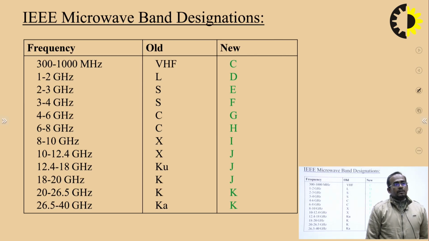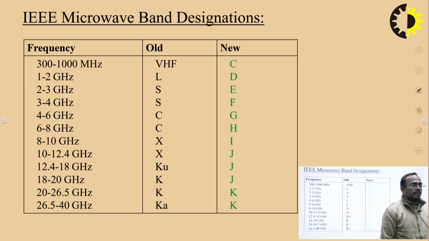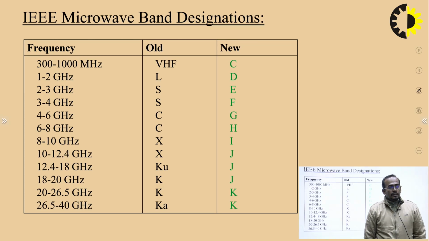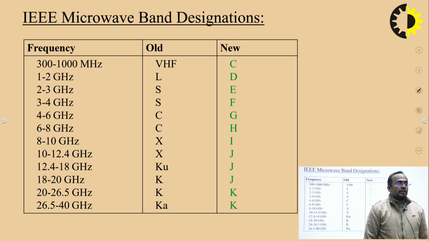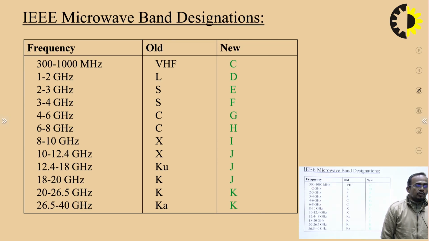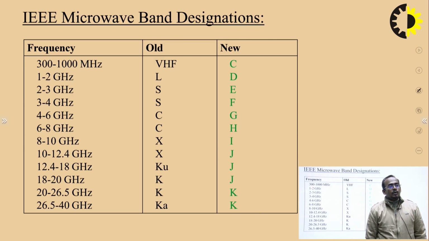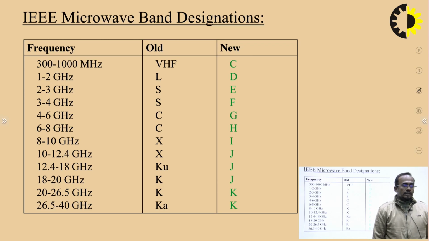L band frequency ranges from 1 to 2 gigahertz, S band varies from 2 to 4 gigahertz, and C varies from 4 to 8. Uplink and downlink frequencies are 4 to 6 and 6 to 8 gigahertz. X band varies from 8 to 12, that is 8 to 10 gigahertz and 10 to 12.4 gigahertz. Similarly, Ku varies from 12 to 18, K varies from 18 to 26, and Ka varies from 26 to 40 gigahertz.